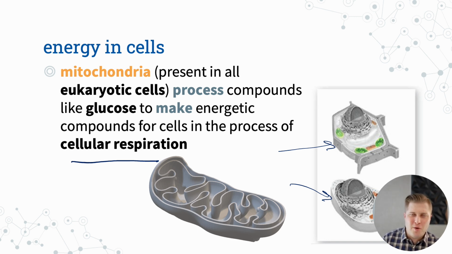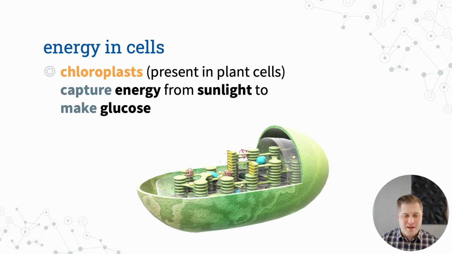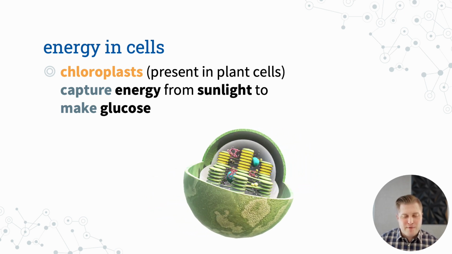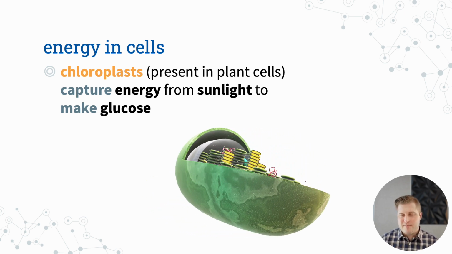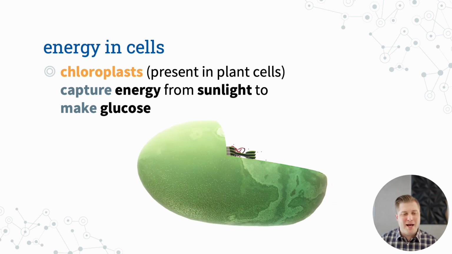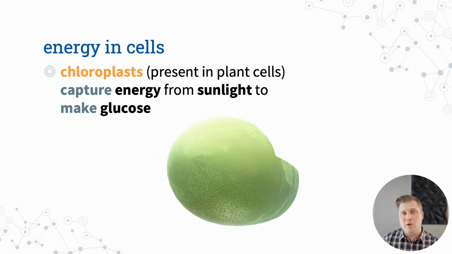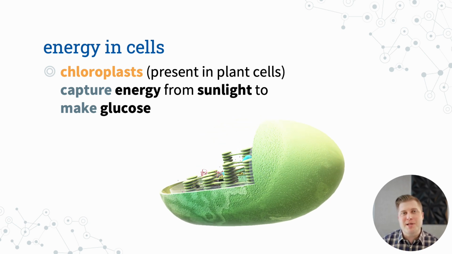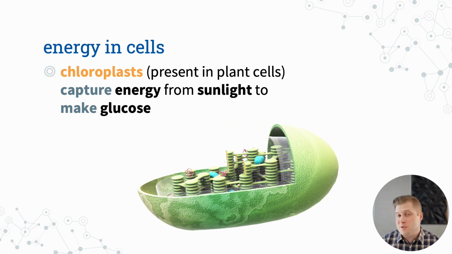Speaking of energy, ultimately glucose has to come from somewhere, and we have the plants to thank for that. Here's a diagram of a chloroplast. This is the green stuff inside plants. Chloroplasts are filled with an ingredient called chlorophyll, and they have specialized structures inside that capture sunlight energy to convert it into glucose.